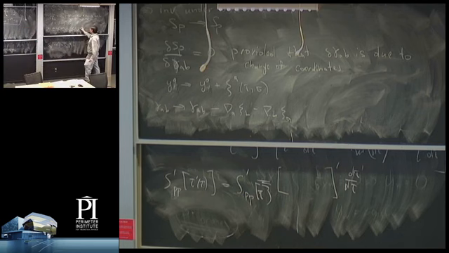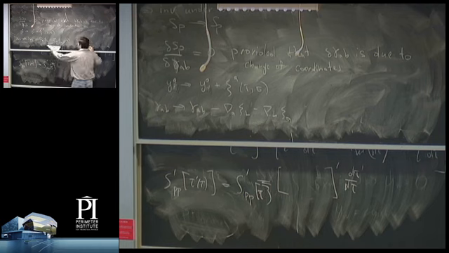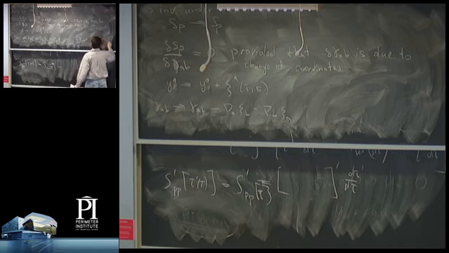And so this tells you that at the linearized level, delta gamma AB is given precisely by this combination.